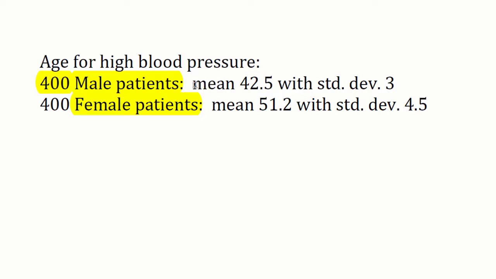Now clearly this is a sample mean here. In this sample we found that the mean for those male patients reaching high blood pressure is 42.5. So this is a sample mean from population 1. As well, we have a given sample standard deviation from this sample.